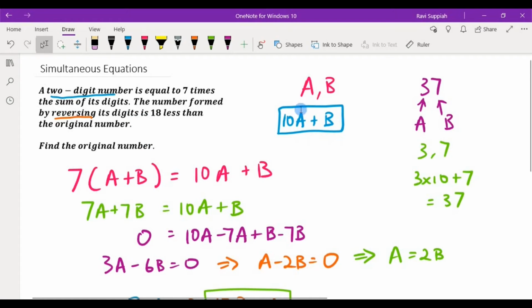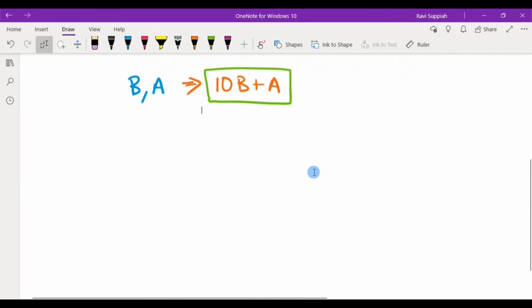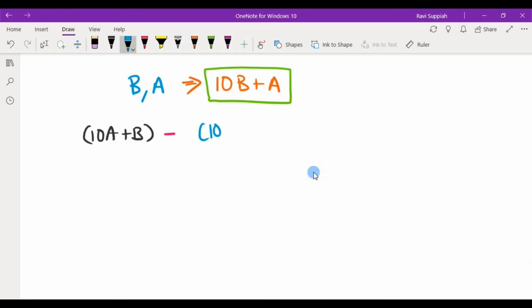The original number, with A in the tens position and B in the ones position, is 10A plus B. So we can form the second equation: 10A plus B, the original number, minus 10B plus A, the number with the reversed digits, equals 18.